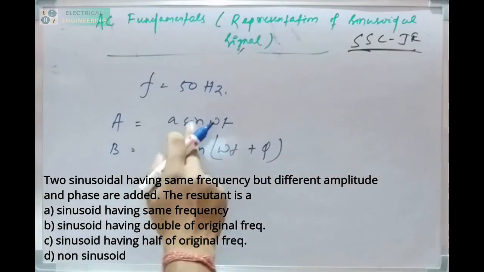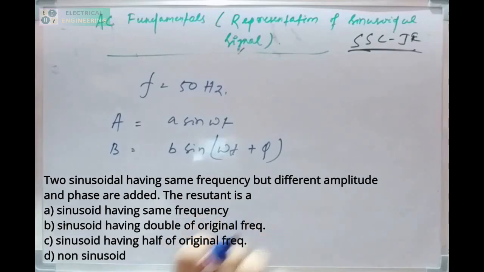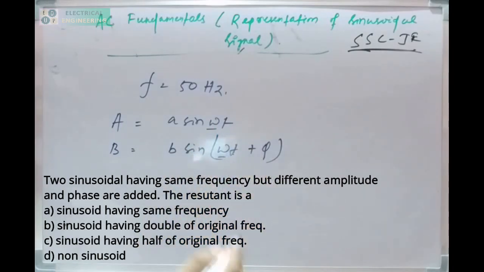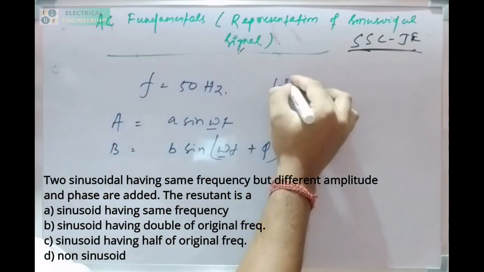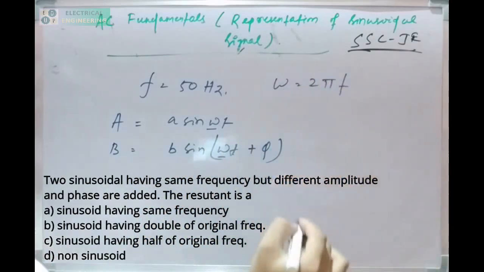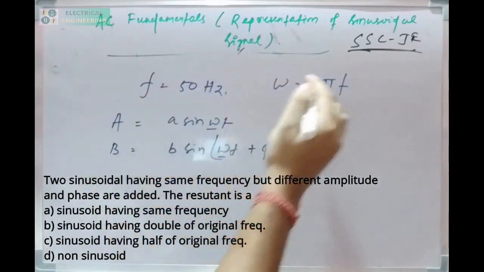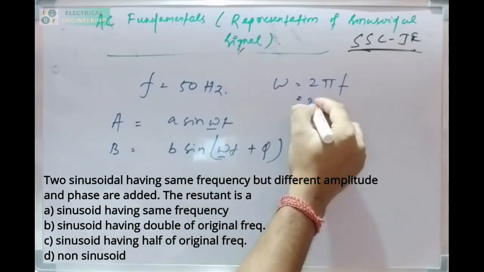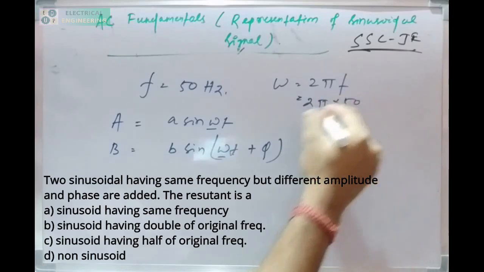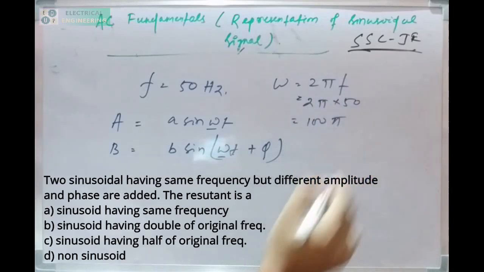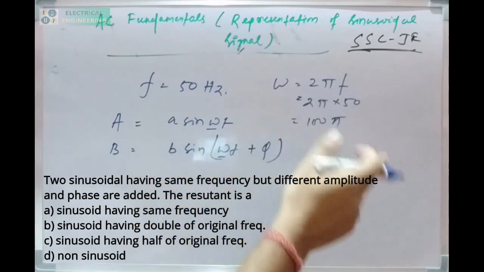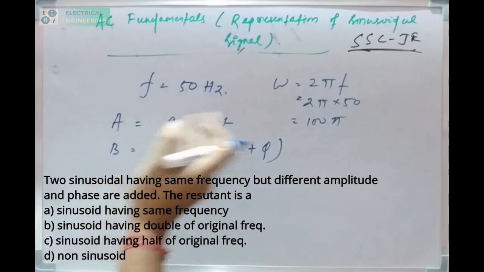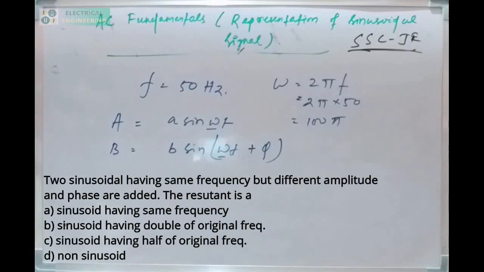Okay, so in both the cases frequency is the same. Why is the frequency the same? See, here this omega and this omega are the same because omega equals 2 pi f. If I put 50 in place of f, I'll get 2 pi into 50, that is 100 pi. In place of omega I can write 100 pi, or in general we can write A sin omega t or B sin omega t plus phi.